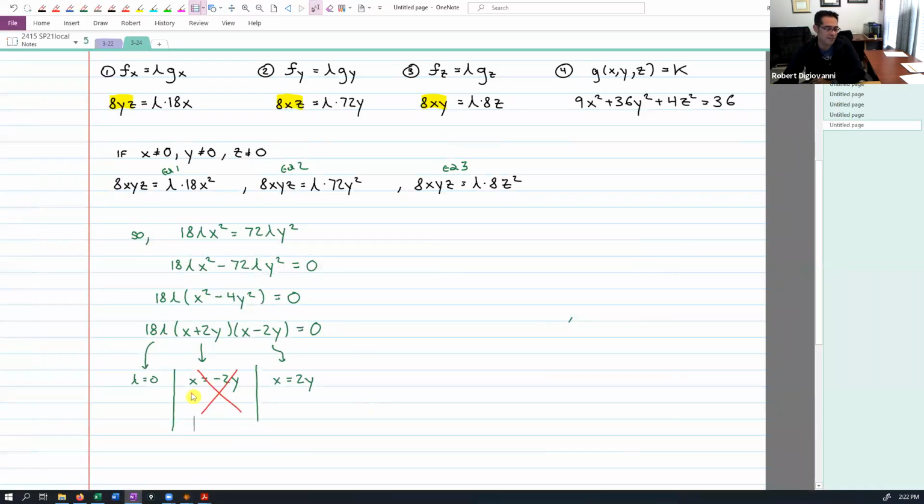So there's no way that x could be equal to negative 2y. Well, the only way that's true is if x and y are both 0, but I already said right now that none of them are 0. So working within this train of thought, I can throw this away just because of the geometric construct of the problem.